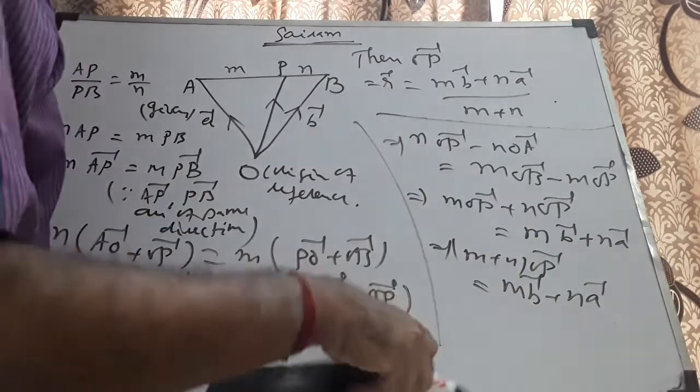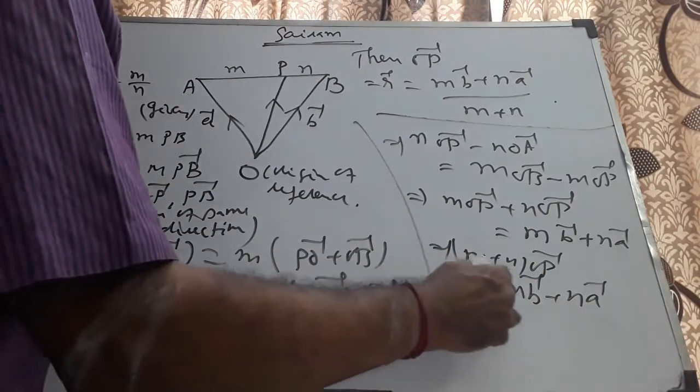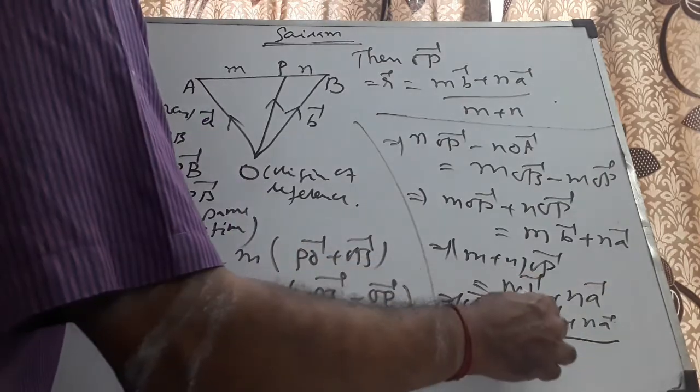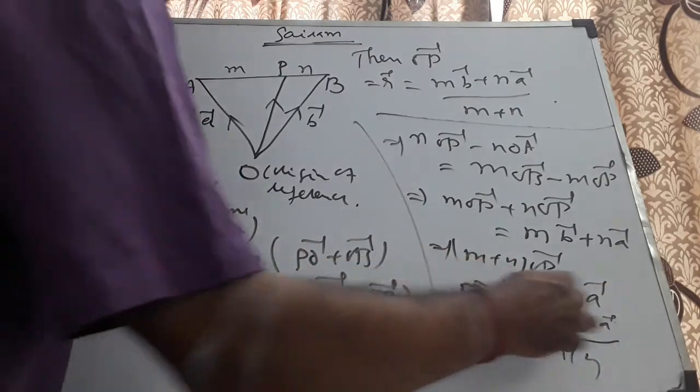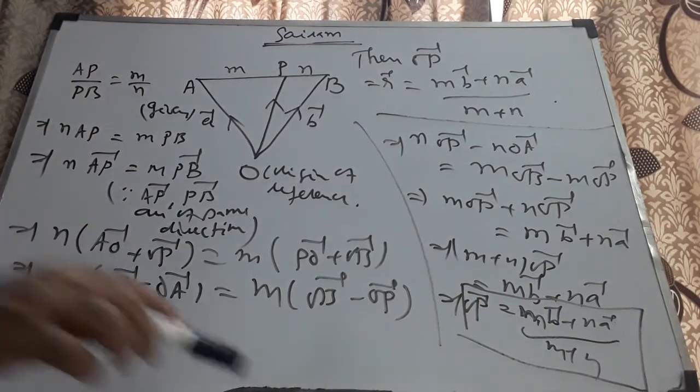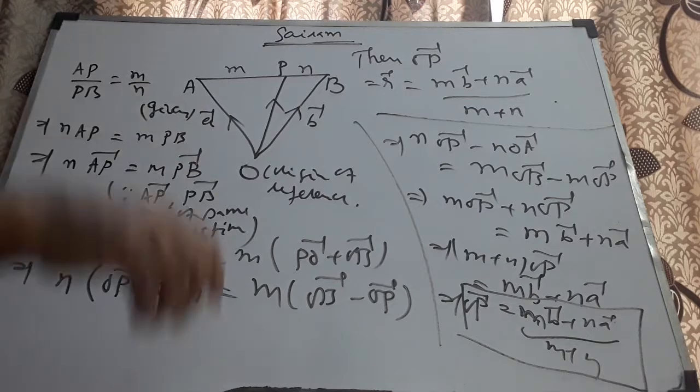That will automatically imply OP vector, which is r vector, is equal to m b vector plus n a vector by m plus n. This is the position vector of a point which divides a given segment AB internally in the ratio m is to n.